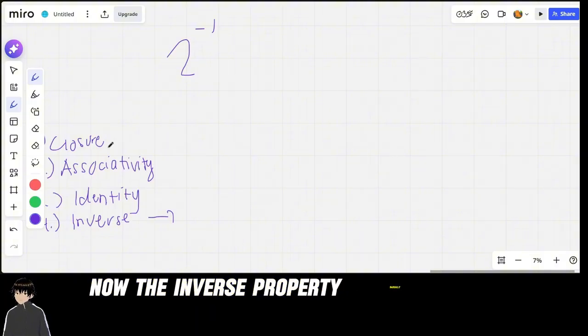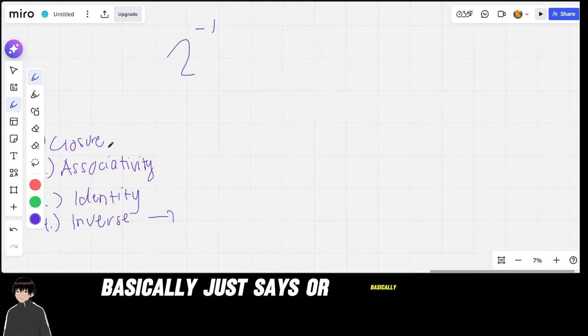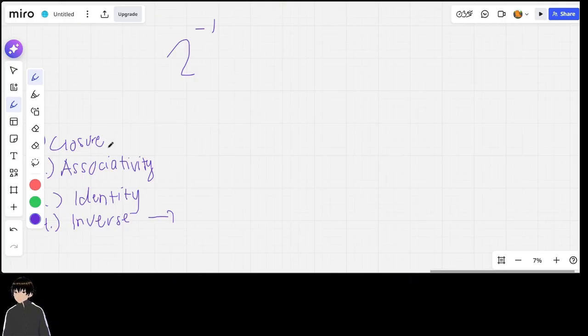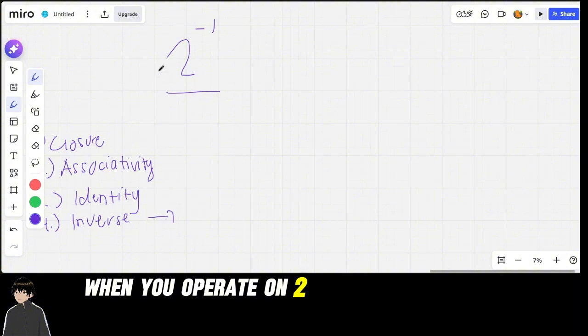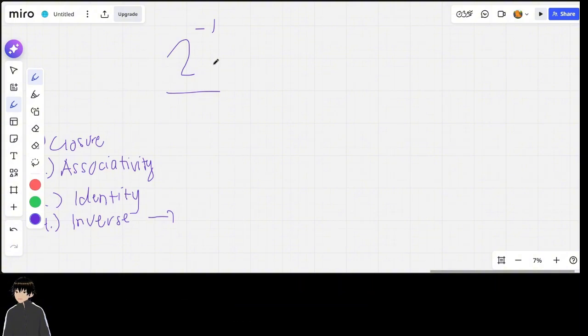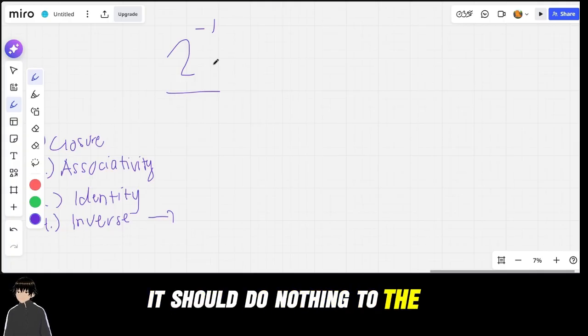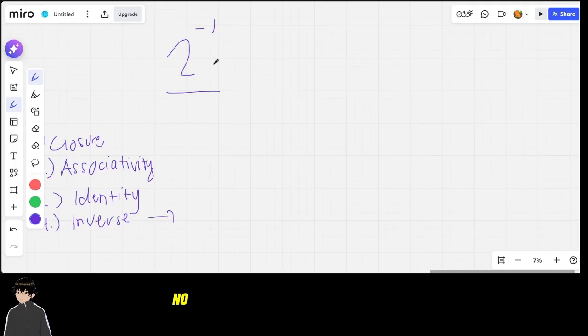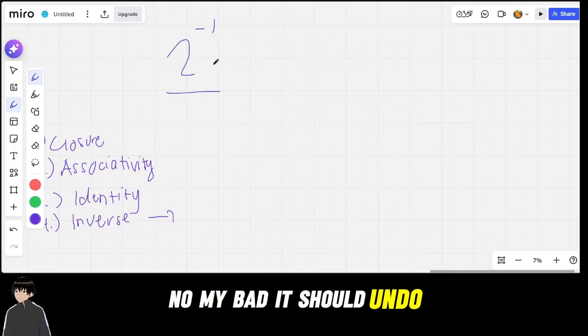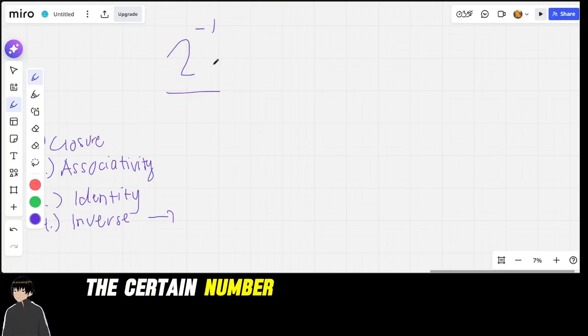Now, the inverse property basically describes that when you operate on a certain number, let's say 2, with whatever kind of operation, the inverse should undo the certain number that you're operating on.